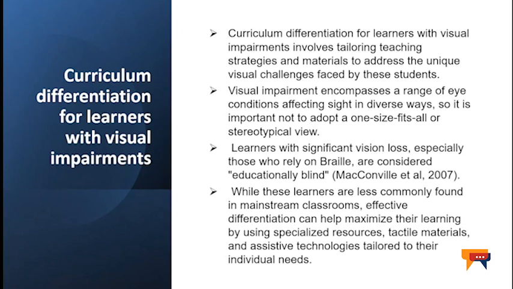Learners with significant vision loss, especially those who rely on Braille, are considered educationally blind. While these learners are less commonly found in mainstream classrooms, effective differentiation can help maximize their learning by using specialized resources, tactile materials, and assistive technologies tailored to their individual needs.